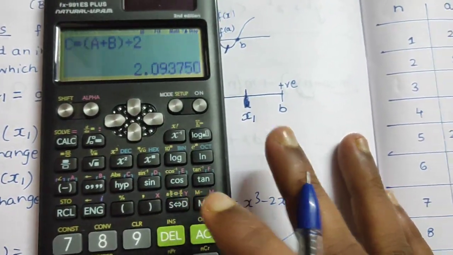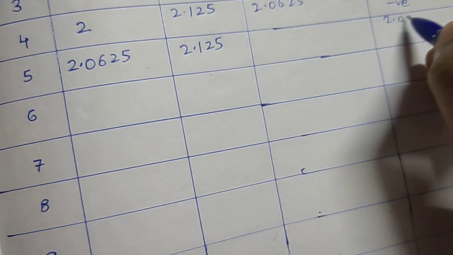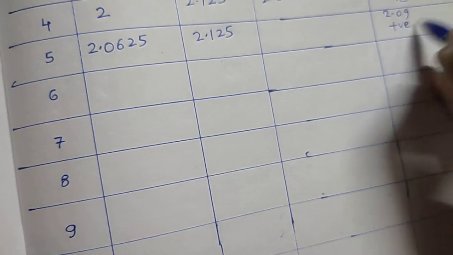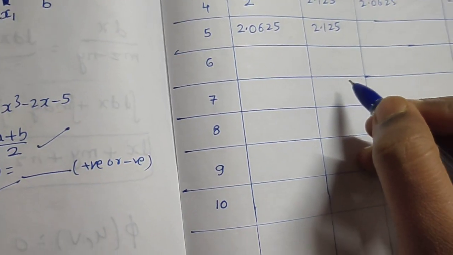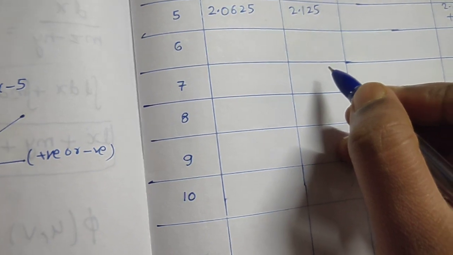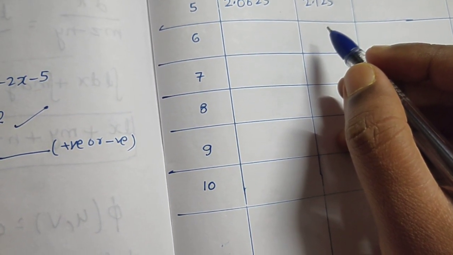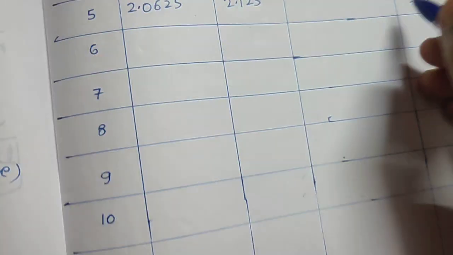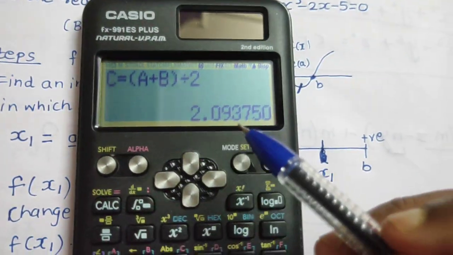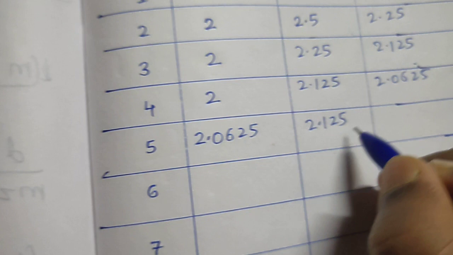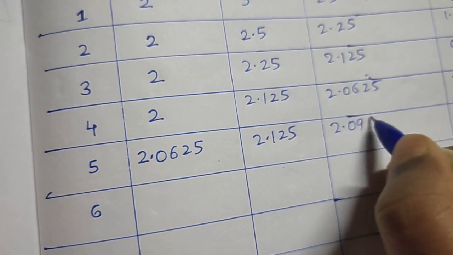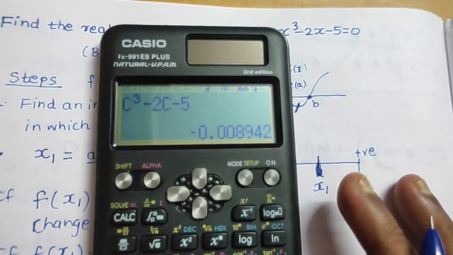I only need the sign, which is positive. Sorry, this is not 2.09. This is the value of C, which is 2.093750. And what about the value of function?